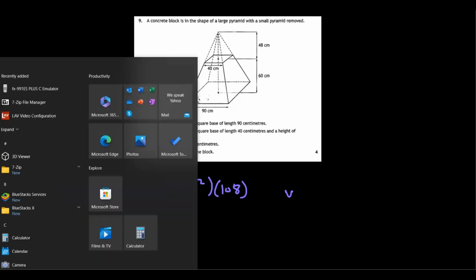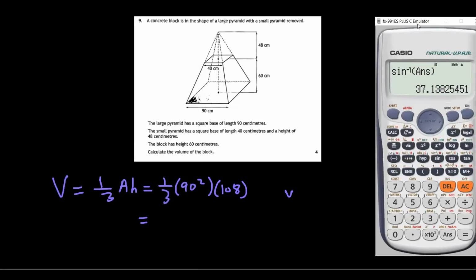So it would be a third A times H. A is 90 squared. We'll just use brackets, so 90 squared. The height is 108 centimeters. So let's get the calculator out.